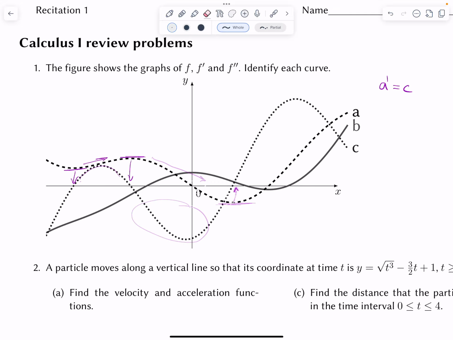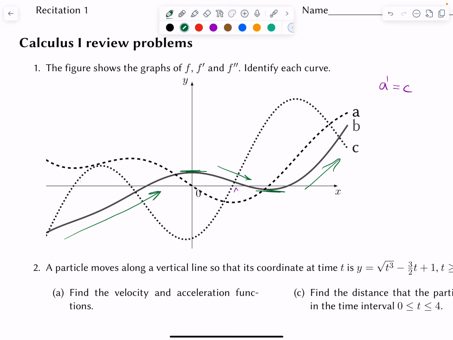So now let's take a look at the gray solid curve. For that one, we have a horizontal tangent there, a horizontal tangent here, and that's it. In addition to that, it is increasing, then it decreases, then it increases.